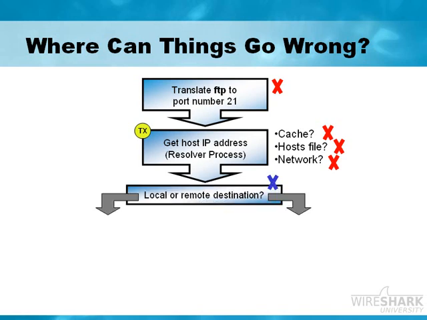When we go through the process of defining whether the target is local or remote, if our network mask is set up incorrectly, we may think that a target is local when actually it's remote, or we may think that it's remote when actually it's local. If our network mask is too short, we'll believe that everything is local and we will ARP, ARP, ARP for all of those devices that we feel are local.